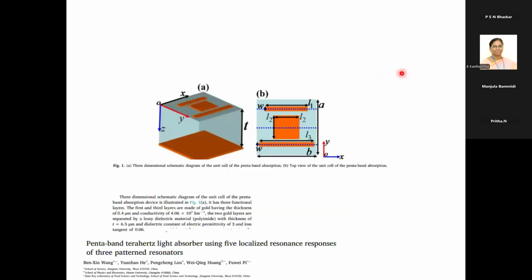This is the other unit cell, which is designed at terahertz frequencies. This metamaterial is pentaband, which means five resonances are present. You are going to use this metamaterial as an absorber, where it absorbs five frequencies.